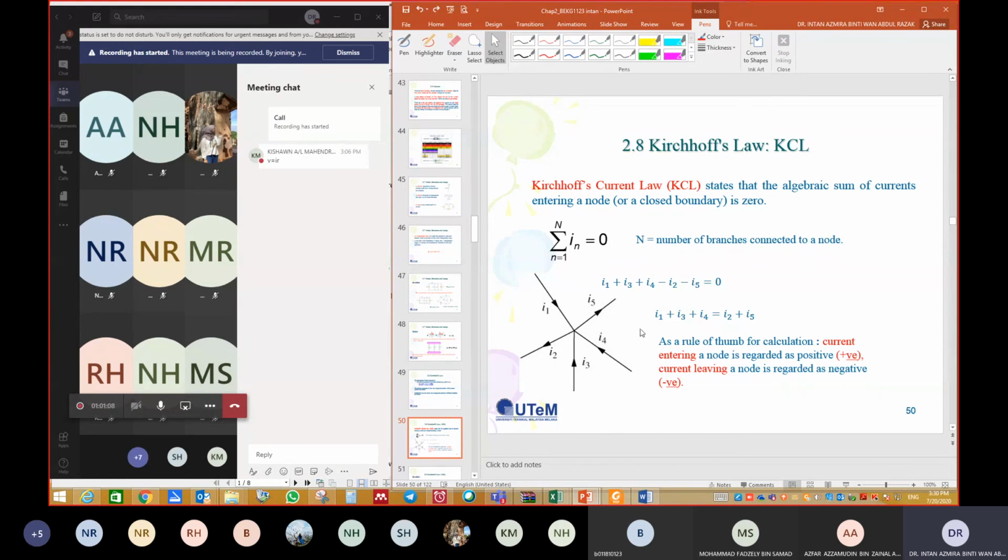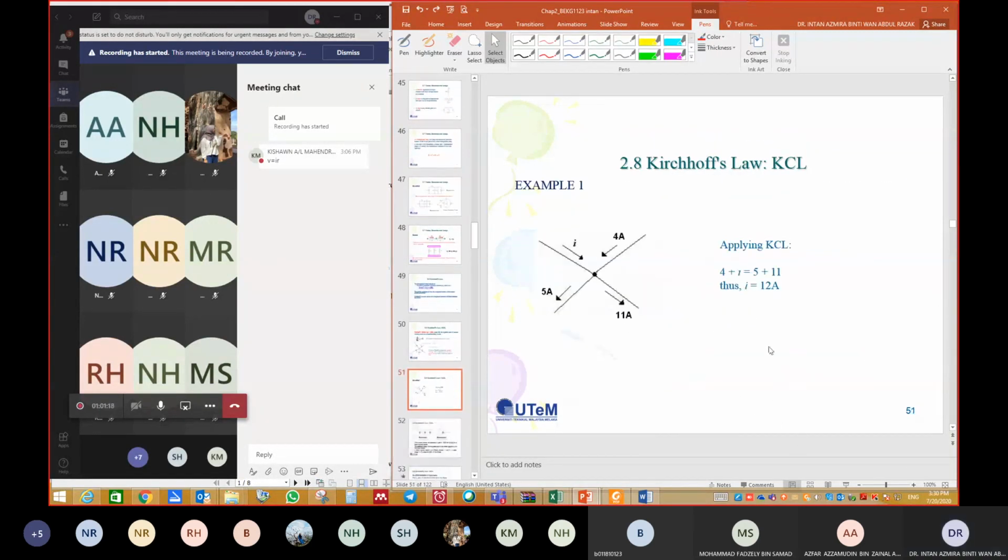So current entering the node is I1, I3, I4, equal to current leaving the node, I2 plus I5. What is the current entering the node? I plus 4 is equal to the current leaving the node, 5 and 11. Then we can find the value of I.